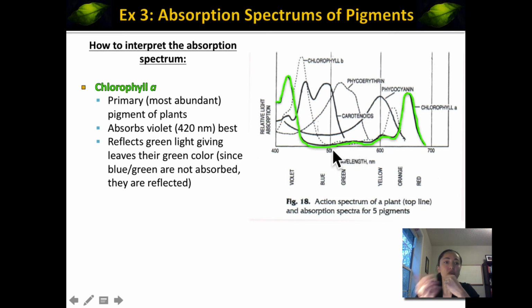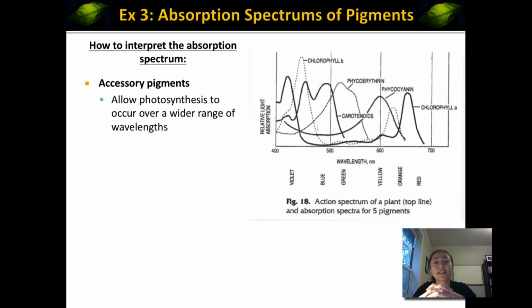However, most plants don't just have one type of pigment. They're going to have many different pigments in there, a lot of different molecules. And these other molecules are called accessory pigments. Accessory pigments allow photosynthesis to happen over a wider range of wavelengths. If this plant only had chlorophyll A, then it wouldn't be able to photosynthesize at all in these blue-green wavelengths of light.